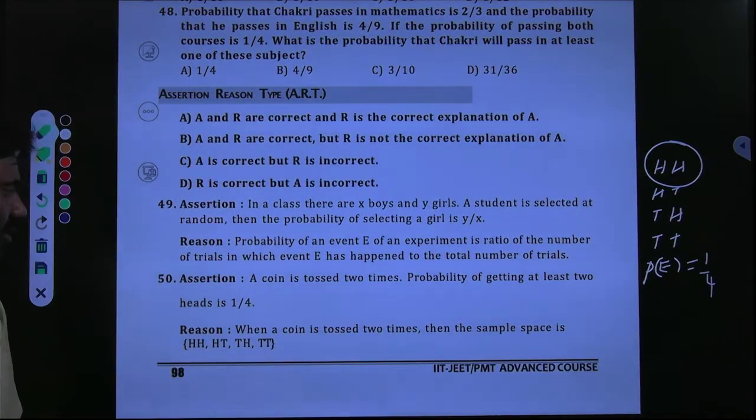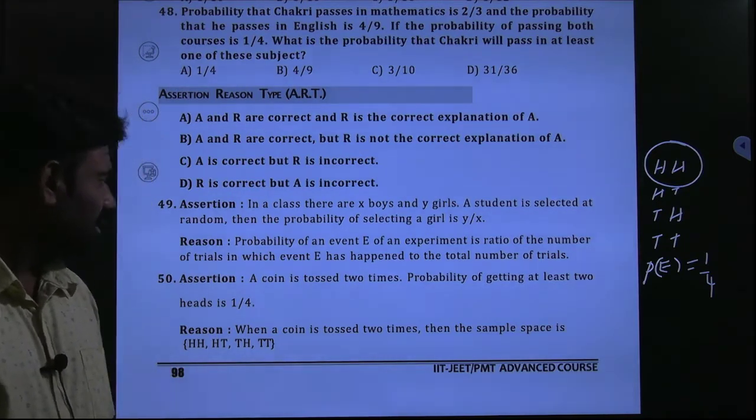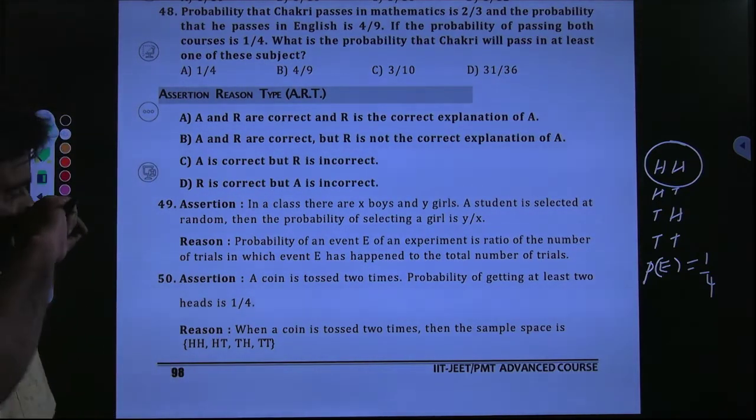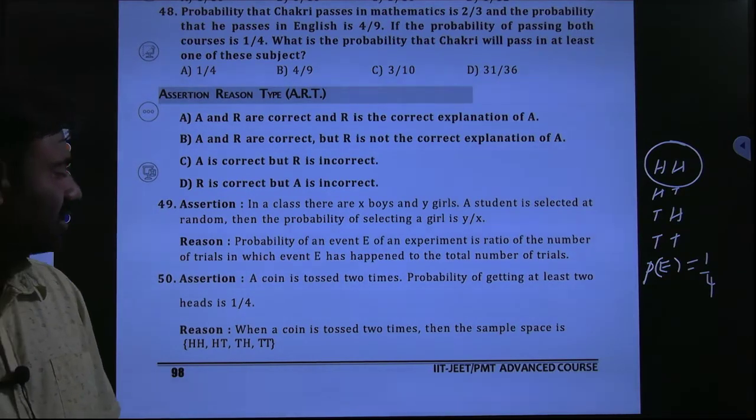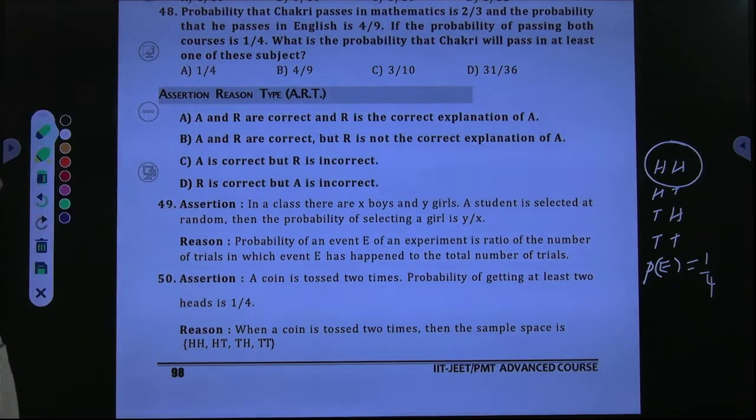When a coin is tossed 2 times, then the sample space is the set of HH, HT, TH, TT. Yes, reason is also correct. Both assertion and reason are correct and reason is the correct explanation of assertion. So option A is the correct answer.